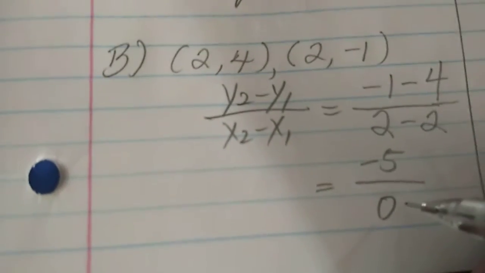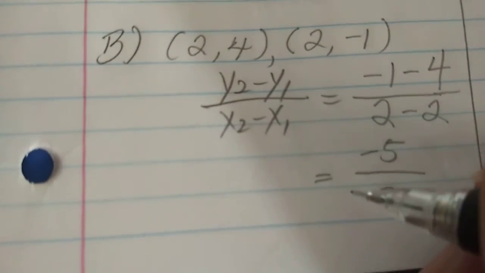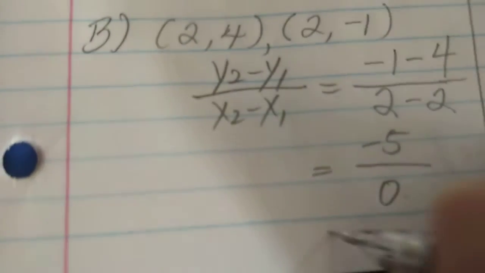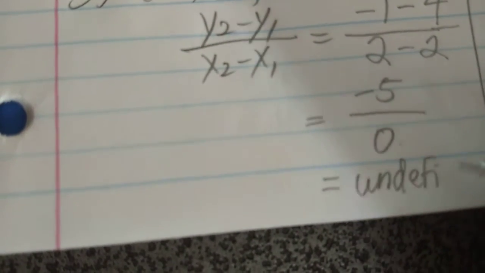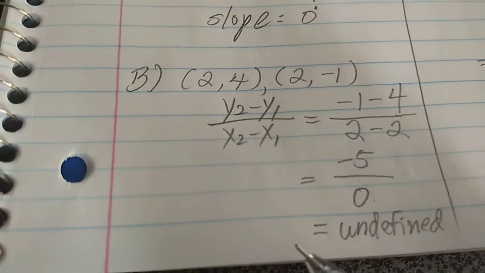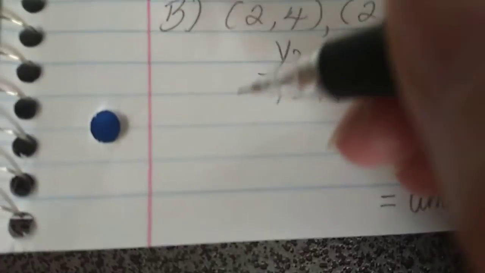I don't know if you remember this, but whenever you have a fraction where the denominator is 0, this is called undefined. It's not a real number. You cannot have a 0 in the denominator because you cannot divide anything by nothing. So this is when you have a vertical line.